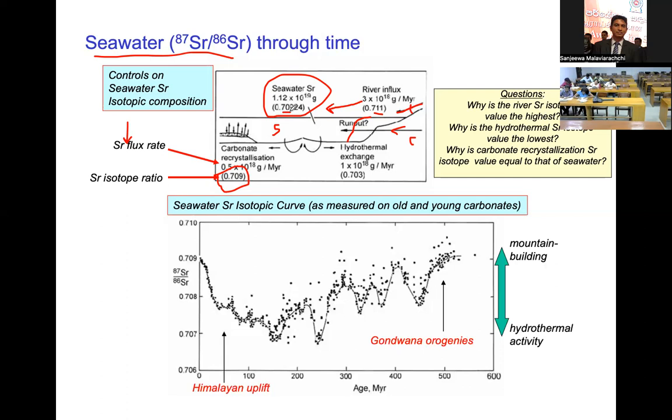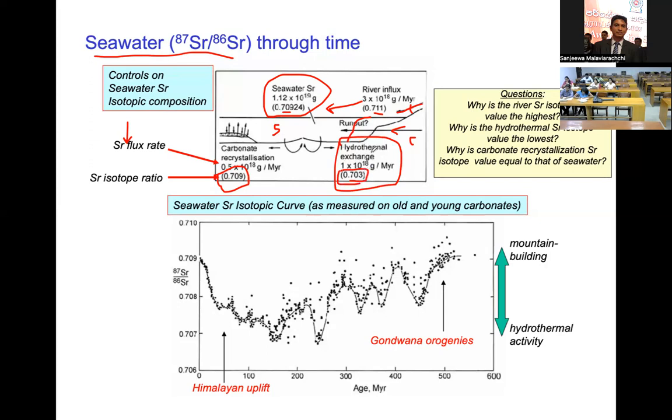Another possibility is hydrothermal exchange. What is hydrothermal exchange? Hydrothermal solutions can bring up strontium and rubidium in various amounts, but their isotopic composition is lower than the riverine input. Why?